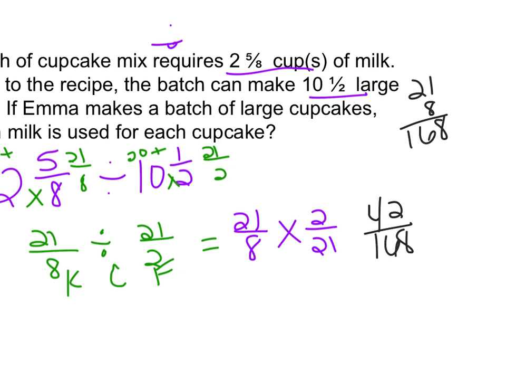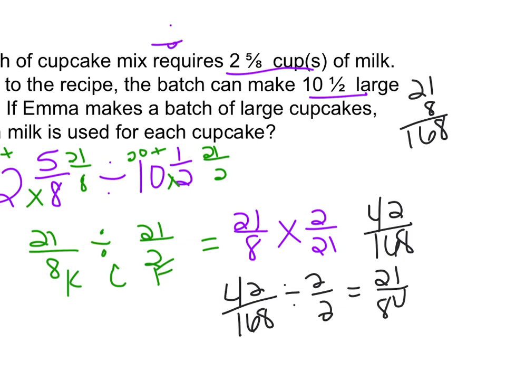Now I have to simplify it. So 42/168 divided by 2. That's going to give me 21. And 168 divided by 2 is going to give you 84. So I'm going to do it again, divided by, well, in this case, I think I can divide it by 7.